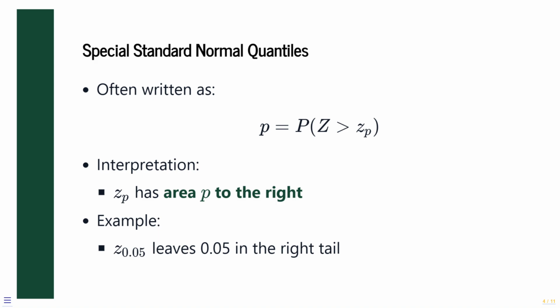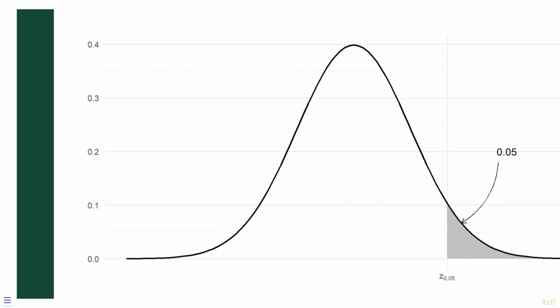For example, the value z subscript 0.05 is the cutoff where 5% of the area lies to the right. Visually, this corresponds to shading the upper tail of the standard normal curve. Understanding this notation is important because these special z values appear frequently in hypothesis testing and confidence interval formulas in later videos.